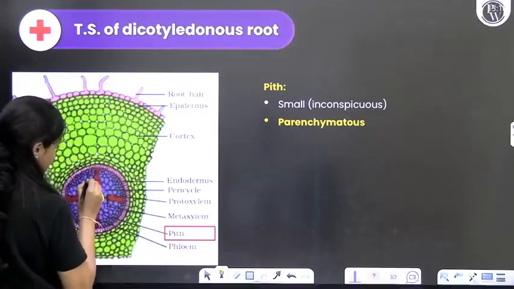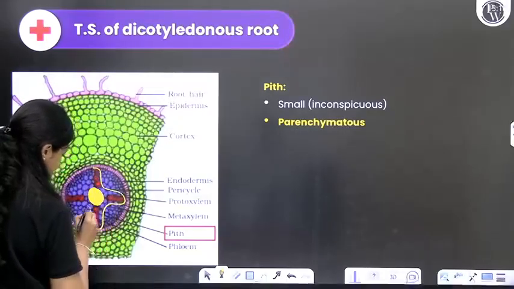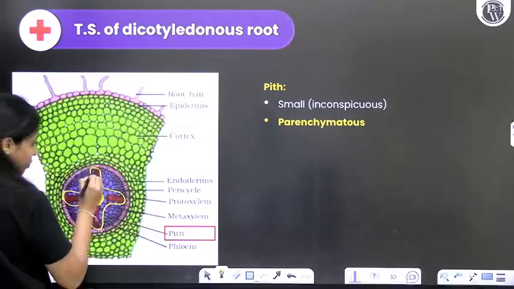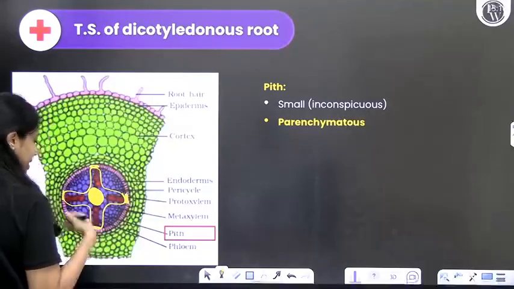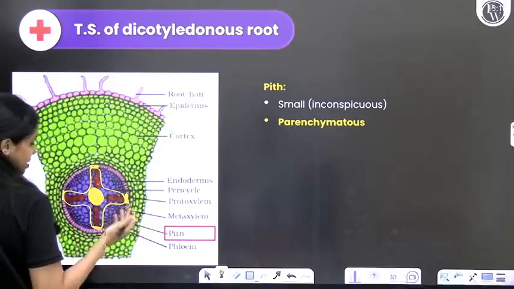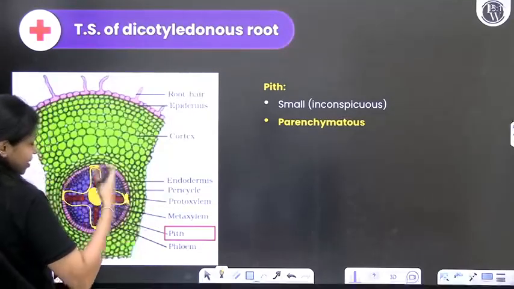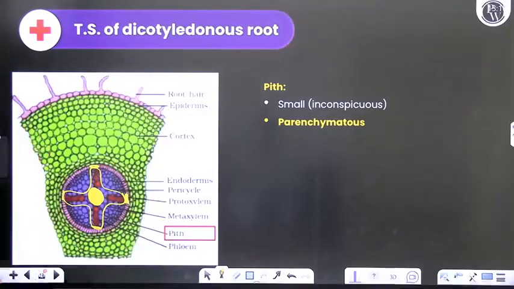So it will form a wavy ring like this. Whatever pericycle cells are there, they will undergo dedifferentiation and become meristematic and form cambium. So those cells will divide and give rise to increase in girth of the root. That is what I meant.